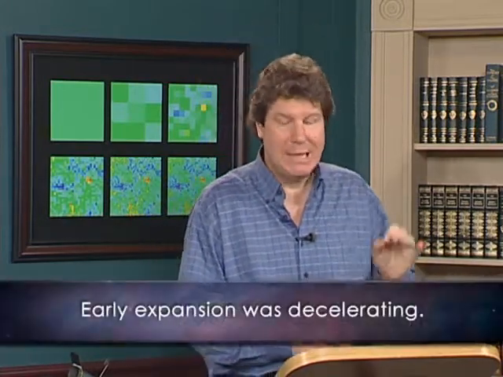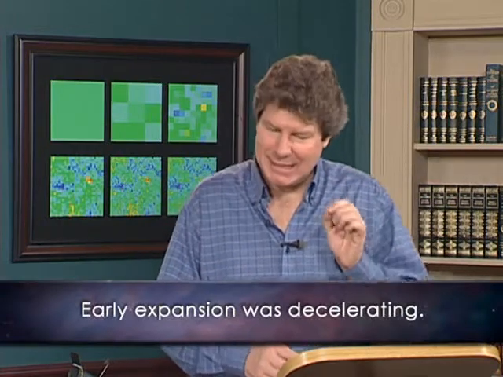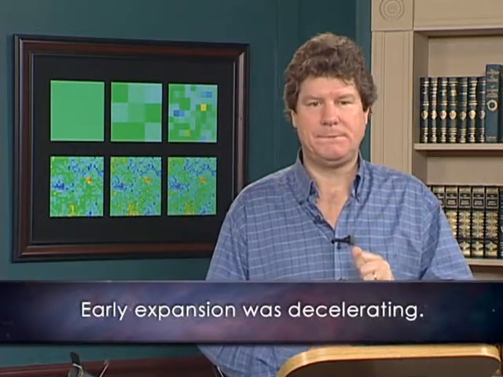Now, it turns out there is a single, simple reason why the Standard Model has such a hard time with these problems. Its early expansion was decelerating. This is extremely important, so let me take a minute to explain it. Here's a graph that's going to show how omega changes with time. In other words, how the ratio of the actual density to the critical density, that's omega, changes as the universe expands.